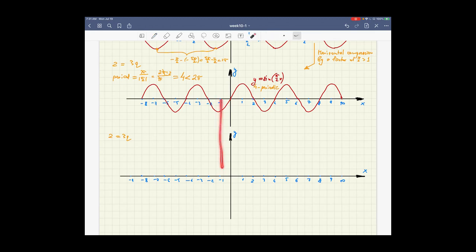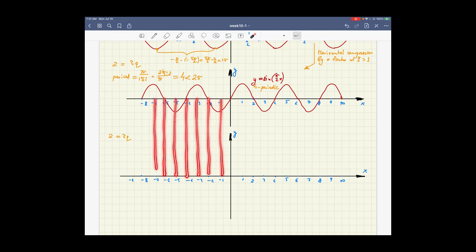Just a second. -7, -8. Yeah, that's enough.